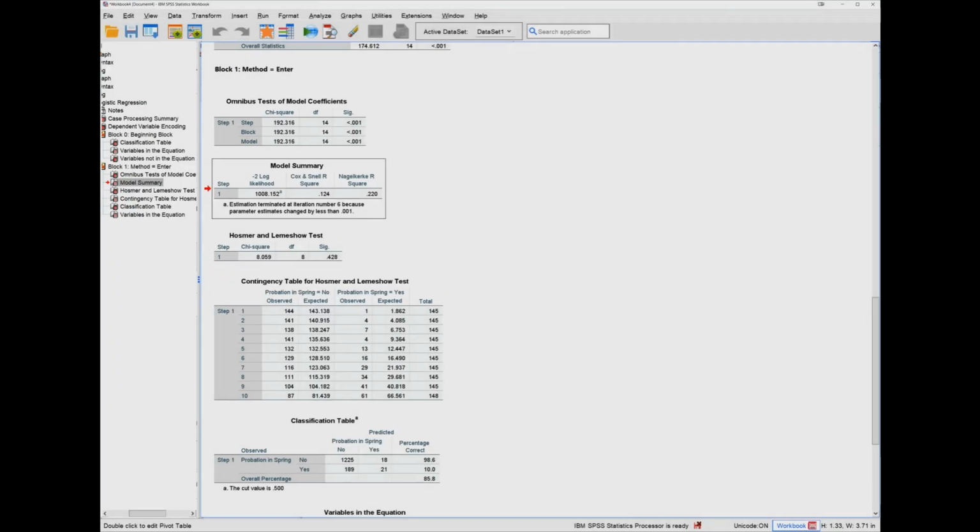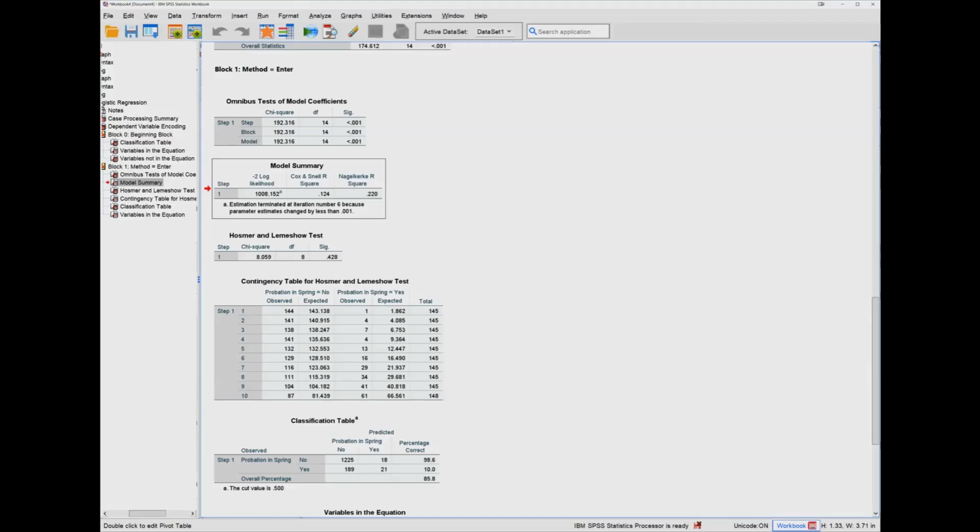So SPSS is using block zero and block one to calculate the model chi-square statistic, which tests whether your model fits significantly better than the null. So it's like saying, do we improve prediction enough by adding these predictors to justify using this model? Otherwise, let's just go with the base rate, let's assume it was 75%.